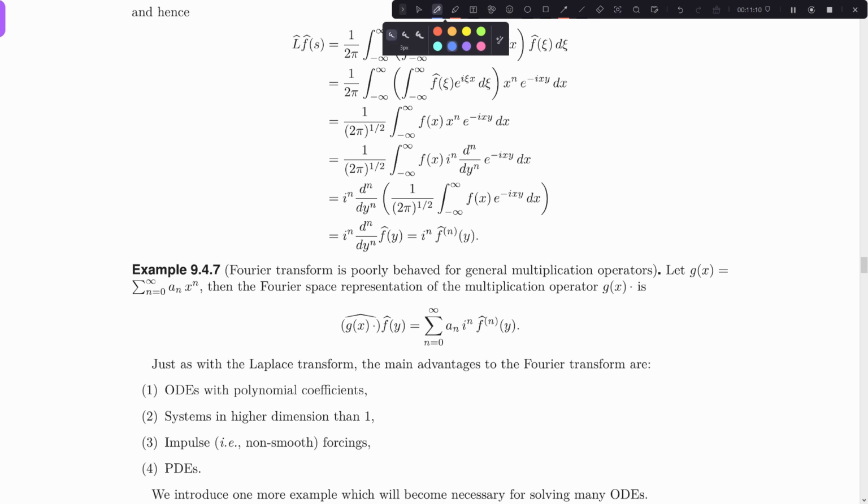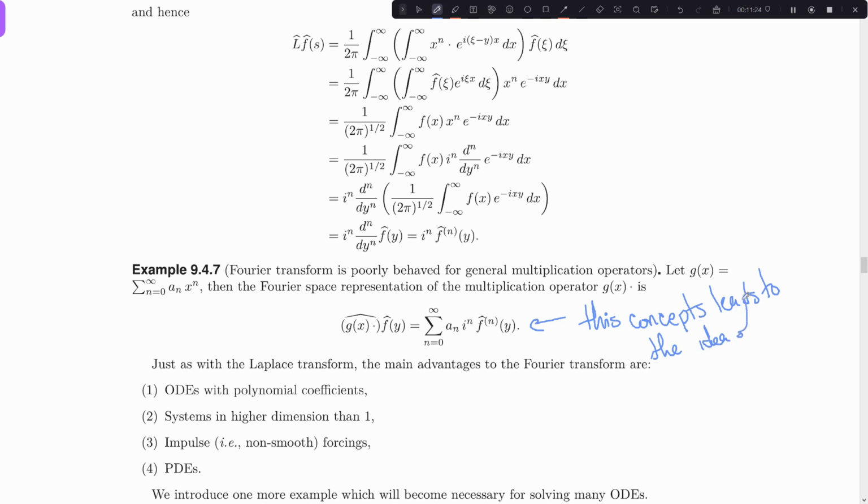Although, just a quick aside, this concept leads to the idea of what's called pseudo differential operators. So there is actually a really good use for this, even though it looks kind of ugly.